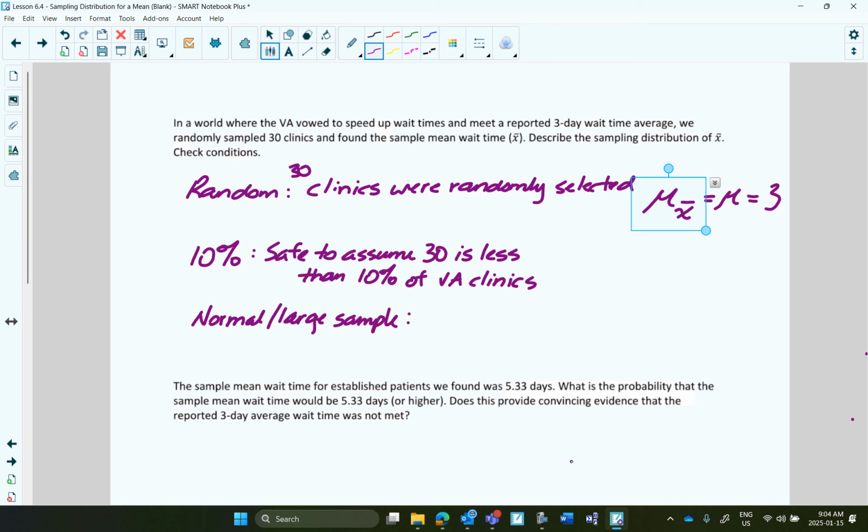Which allows us to use this one, which we already figured out on the previous page, which worked out to 0.183. Because remember, this was 1 over root 30.